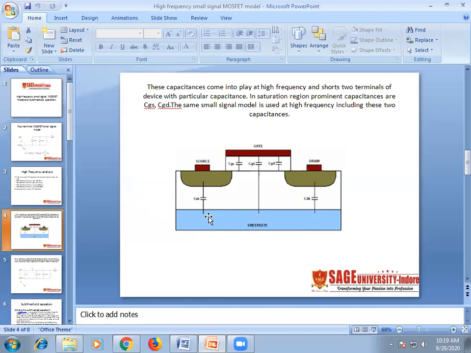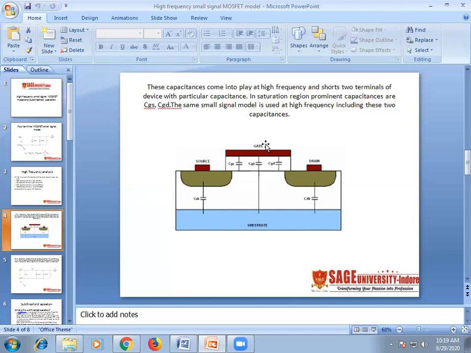The capacitance present at source and body, that is your source diffusion and body, we have a capacitance CSB, that is the capacitance between source and body. Likewise, your drain diffusion and body, we define it by CDB.